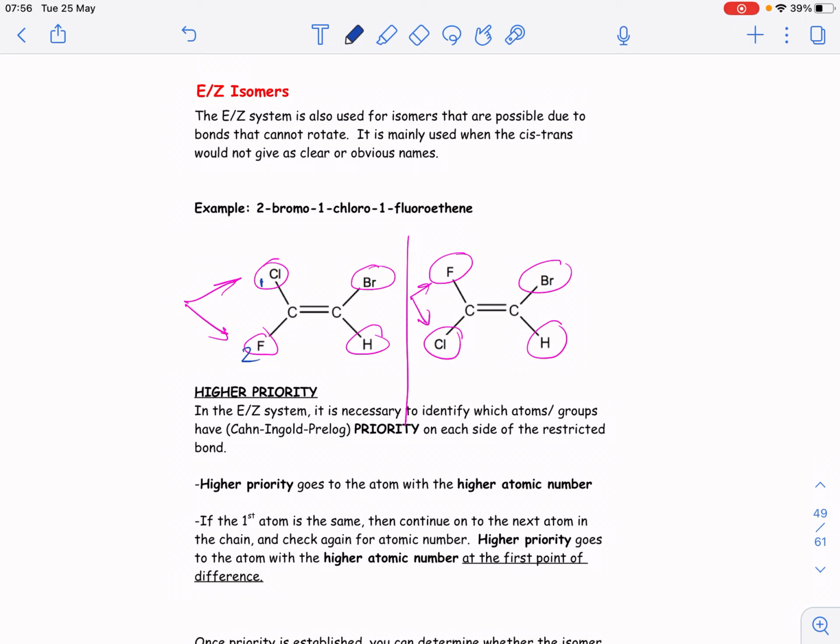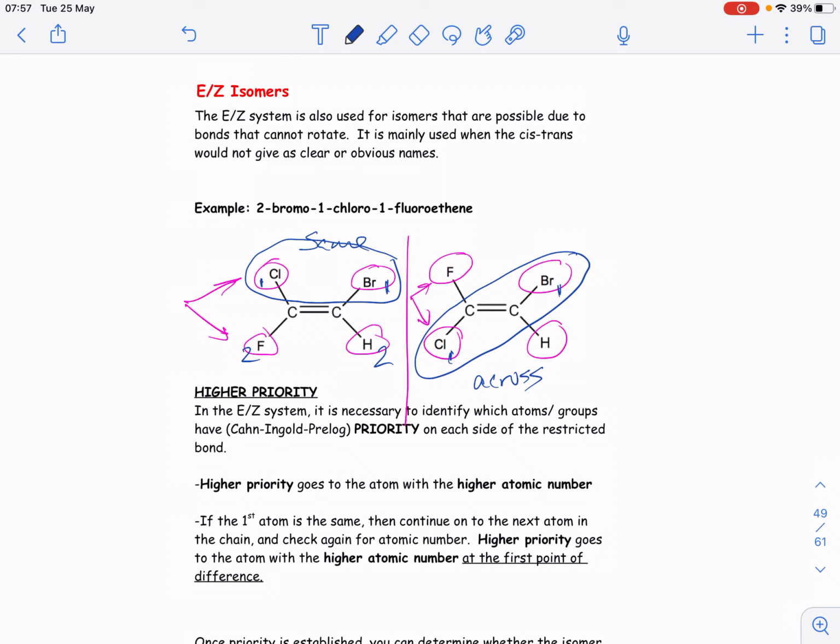And on the right, the Br is higher priority and the H is a lower priority. So in this example, the 2 higher priority things are on the same side. And in the next example, the chlorine and the bromine, the high priority things, are across from each other.